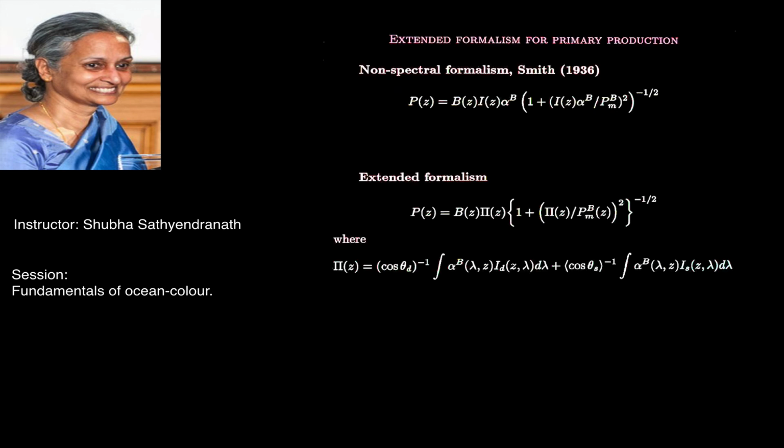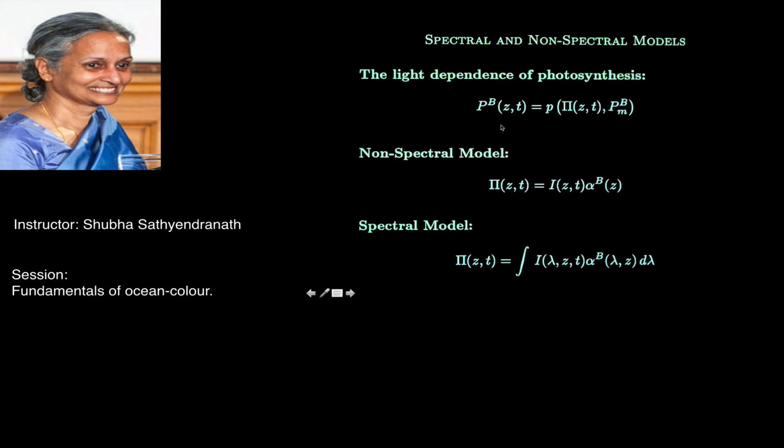Check whether the coupling between light and the action spectrum takes place at the spectral level or not. If this coupling is spectral, then you have a spectral model. If it doesn't have that, you don't have a truly spectral model.